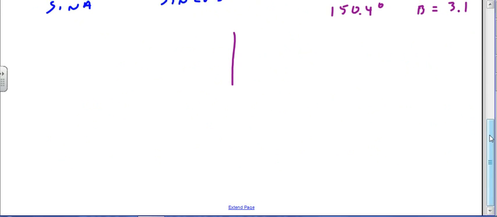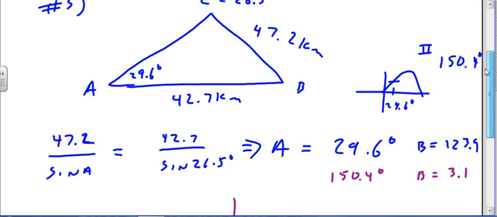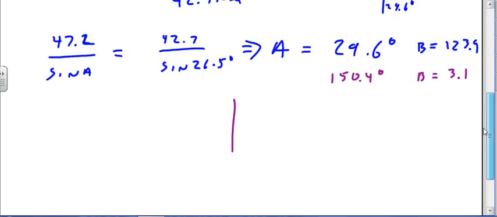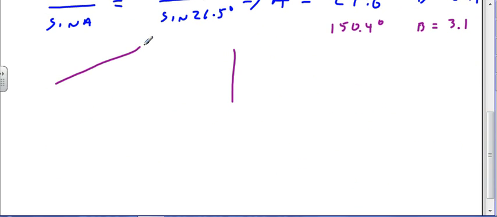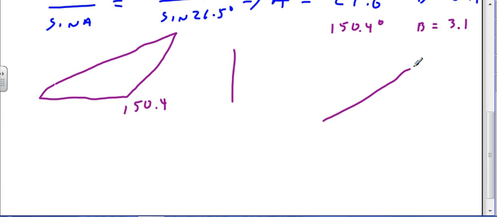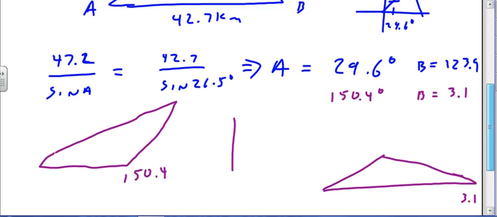We have a triangle that looks like this, where this guy is 150.4, and then we have another triangle that looks like that, where this is 3.1. So we have two separate triangles we're looking for.